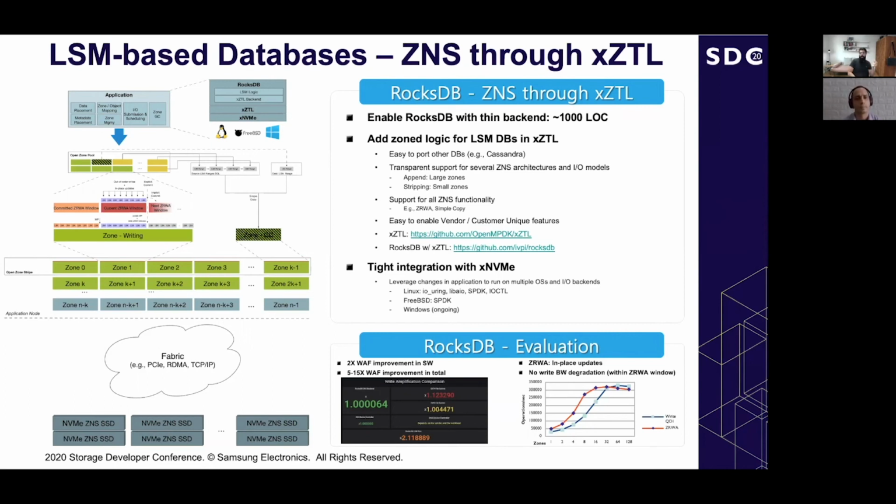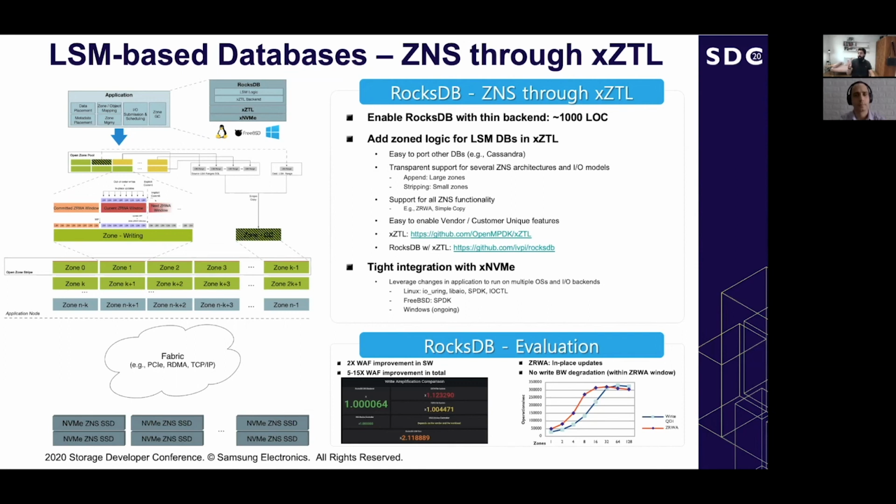xCTL basically allows us to abstract the logic for LSM trees. There are many databases like RocksDB. You can choose examples like Cassandra, some other more proprietary LSM trees that use the same logic. And we wanted to abstract that away so that the actual backend that makes it to the application is very, very thin and easy to maintain.